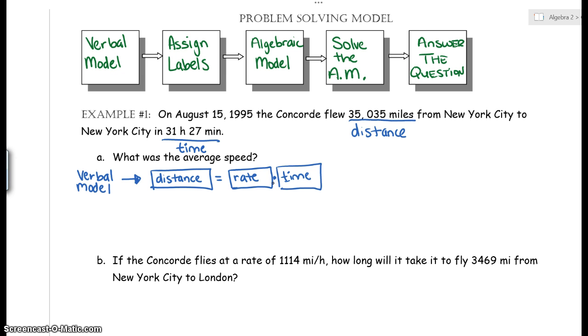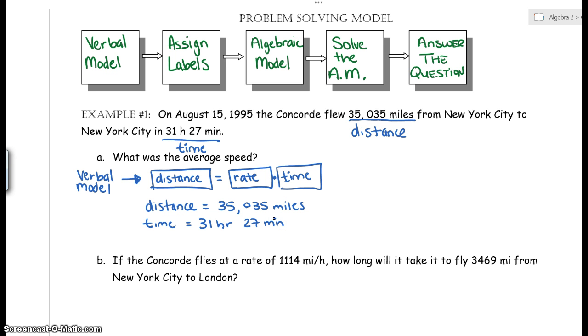Now we're going to go ahead and start labeling these based on the information that's provided for us. For example, we know that the distance is equal to 35,035 miles. We also are given the time, but the time is given to us in this format, 31 hours and 27 minutes.